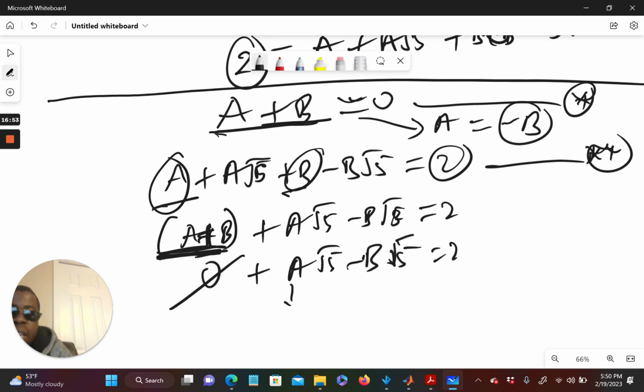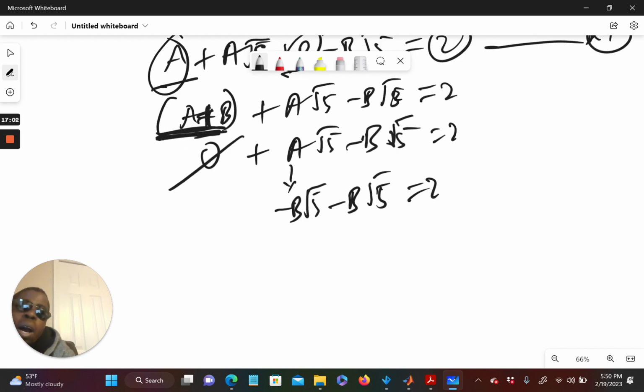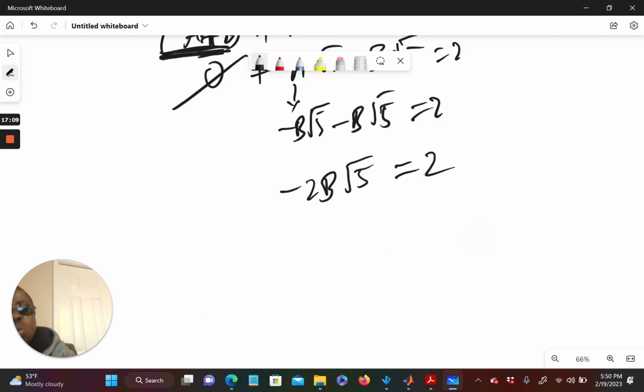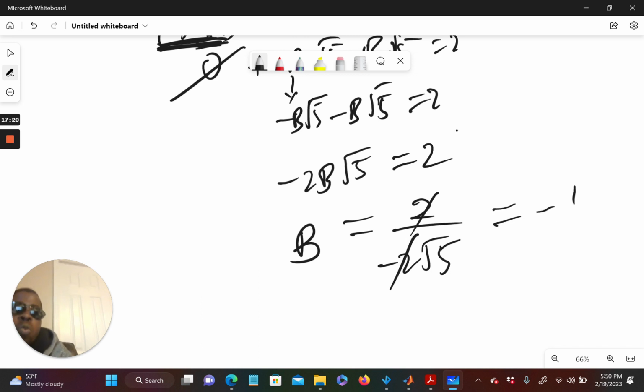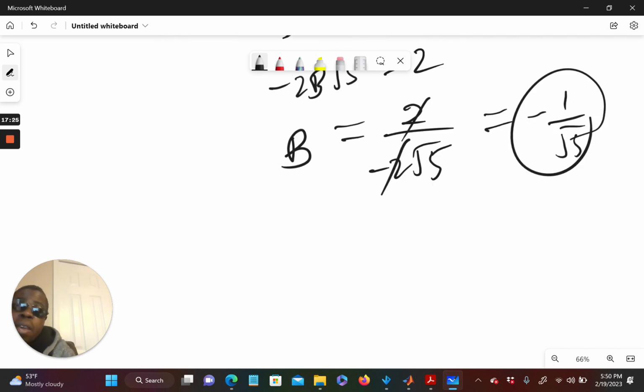So my a root 5 becomes negative b root 5, then negative b root 5 minus b root 5 equals 2, and then I will have negative 2b root 5 equals 2. And that gives me b as 2 all over negative 2 root 5. And this cancels this, giving me what? Minus 1 over root 5. That is the value for my b.